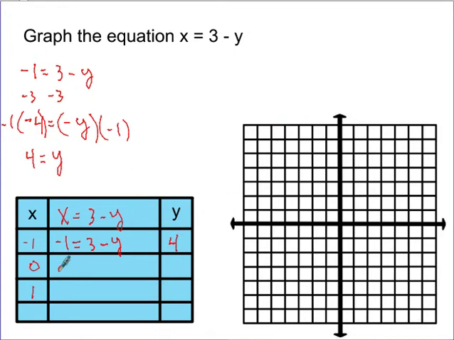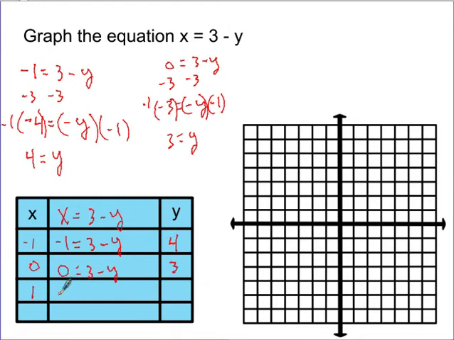We'll do the same thing. 0 equals 3 minus y. So 0 equals 3 minus y, and solve it. Subtract 3 from both sides. -3 equals -y. I can't have a -y, so multiply by -1, and +3 equals y.